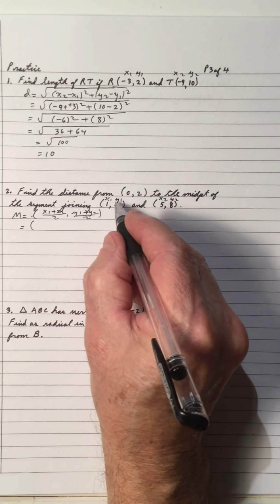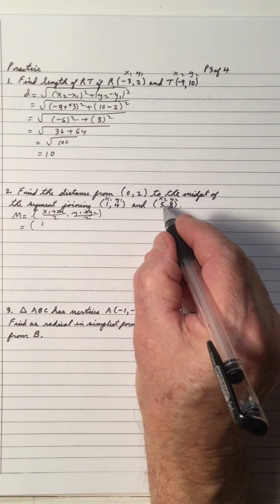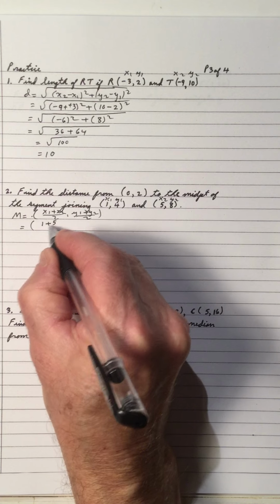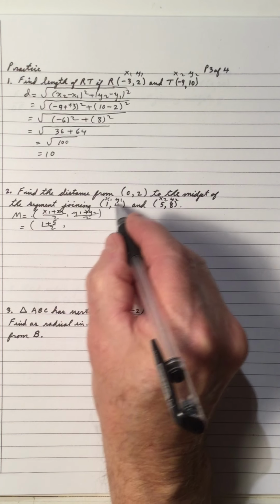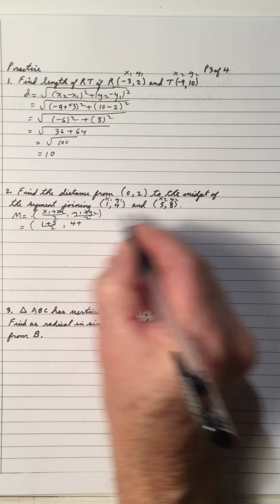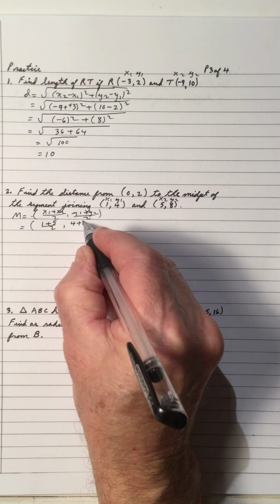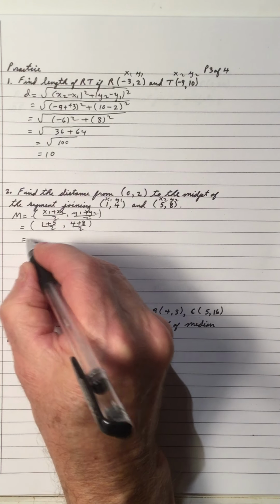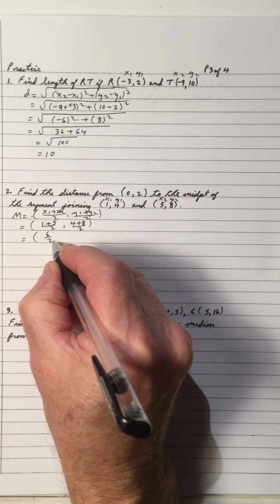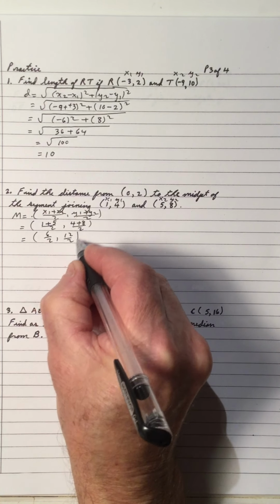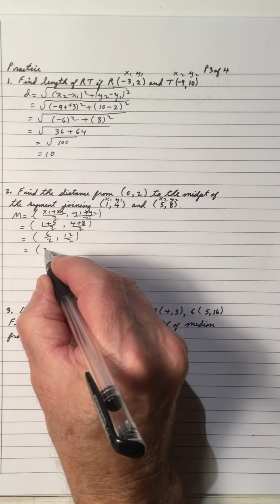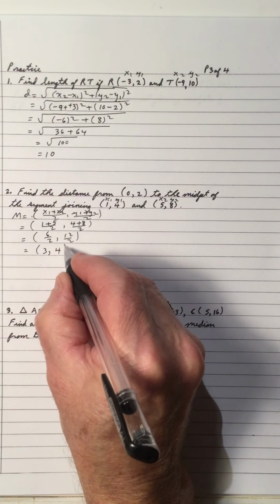And so we have x1 is 1 plus 5 over 2, y1 is 4, y2 is 8 over 2, that's 6 over 2, 12 over 2, and that's 3, comma 4.